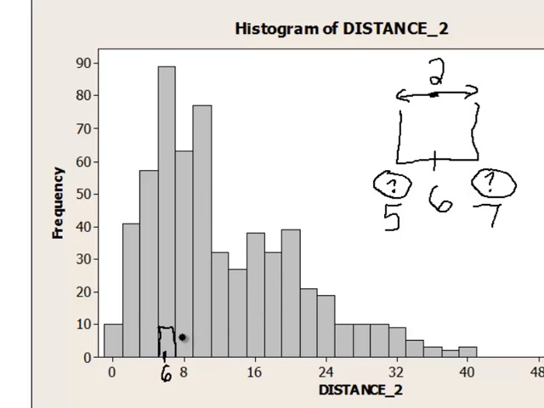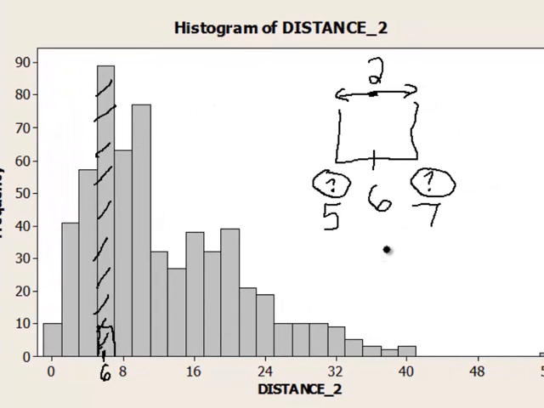So the correct way of talking about this peak is not to use the number 6, but to use the class numbers from 5 to 7. So what we can say is that the peak is here, which means approximately 90 students have a distance away from home to Cincinnati State between 5 to 7 miles. It would be incorrect to use a 6.